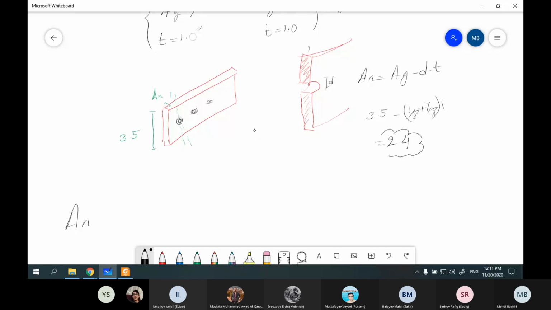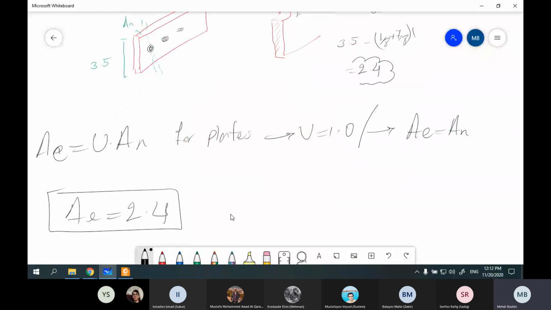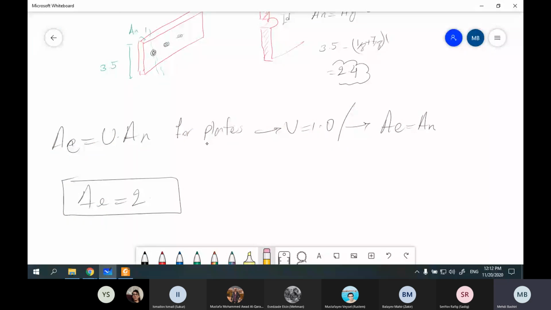Ae is equal to U times An. From the table, for a single plate, U is 1. So Ae is equal to An, which is 2.5.